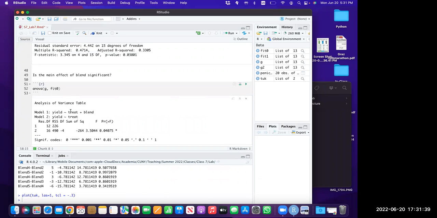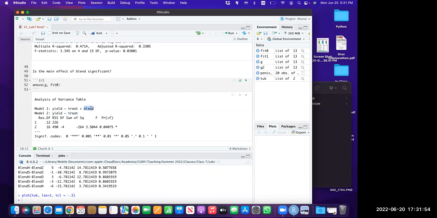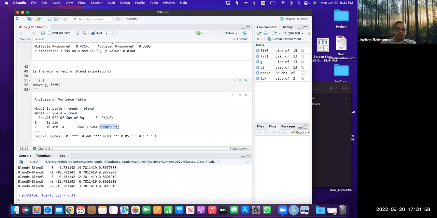Well, I'm glad to hear it. Here you do the same exercise with yield, treatment, and blend, and you compare it to yield and treatment only. And here the distinguishing factor is blend. Adding blend to model 1 has now significantly improved the predictive quality of that model.